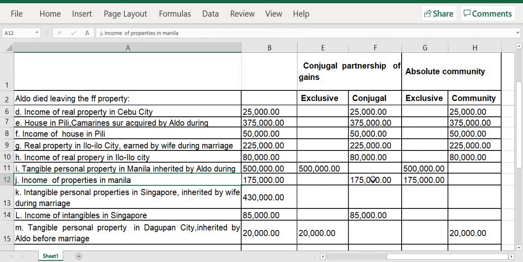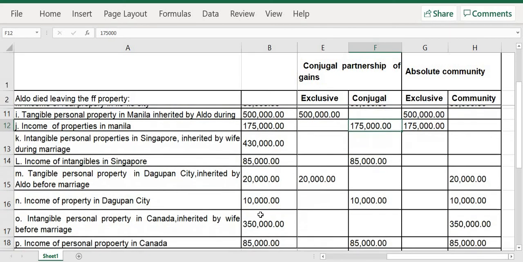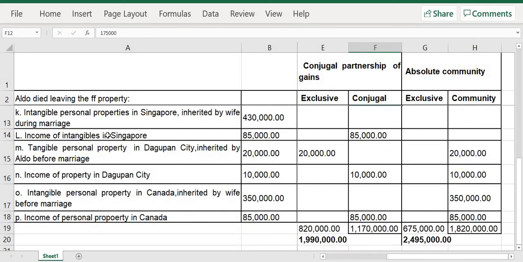If that fruit is earned during marriage from all the exclusive and conjugal properties of the spouse. Kaya 175,000 conjugal. Under absolute community property, the fruit follows principal. The principal is exclusive, kaya yung fruit niya exclusive din.